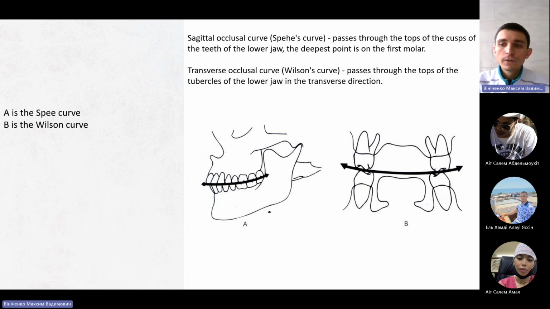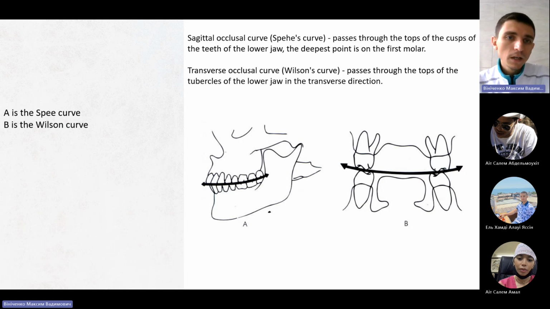We can use different prescriptions, for example some edgewise, some MBT or Roth. They have different torque of the teeth, so the curve of Wilson can also be different. For example, we have this torque and this torque. Here is the curve of Wilson. If we have a crossbite, we change this torque.